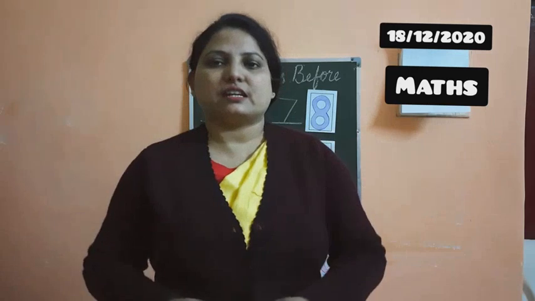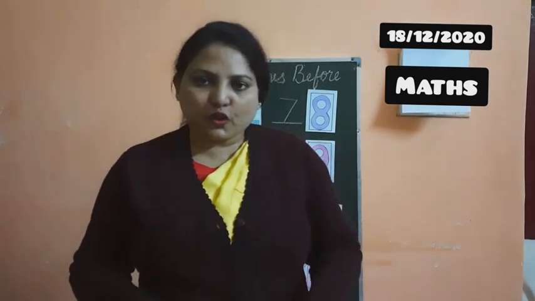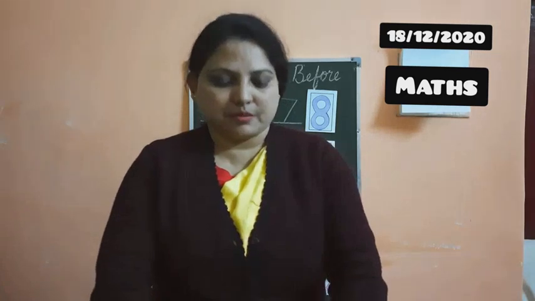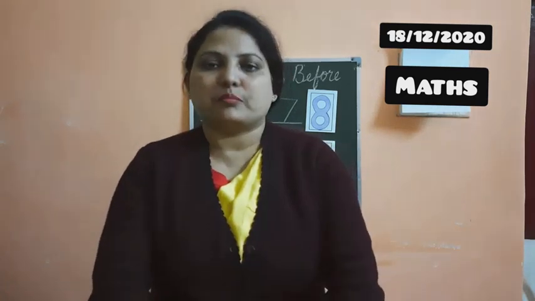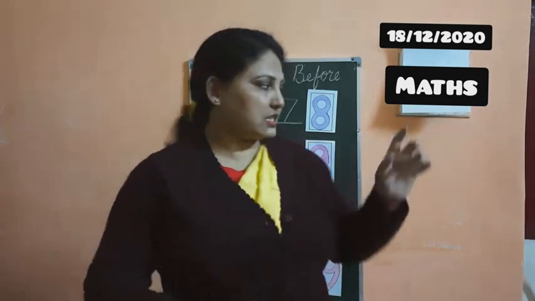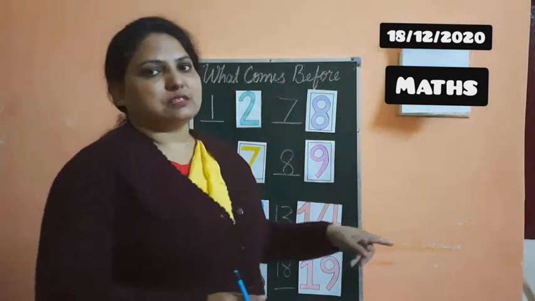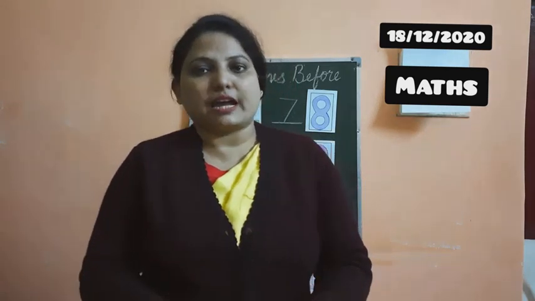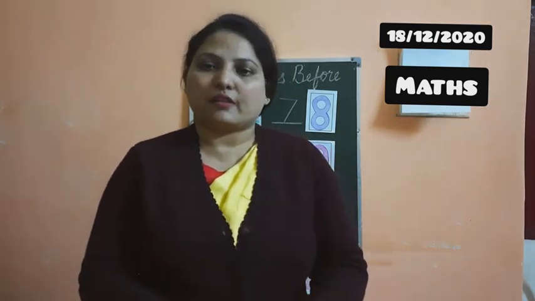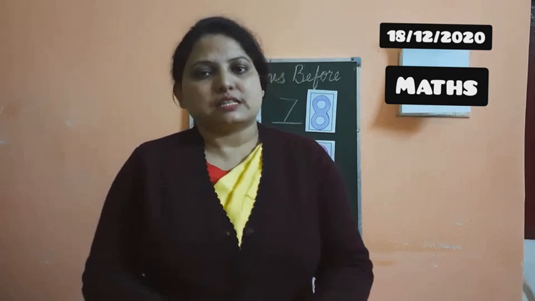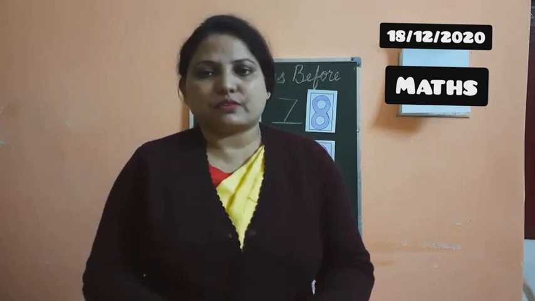Then you will come to know the before number, which number will come before the number. So children, here we have finished this new topic. At home you have to write in your copy, see my PDF, and complete this. I will give you this work, what comes before, in the PDF, and you have to write. I know you have completed pages 51 to 70.